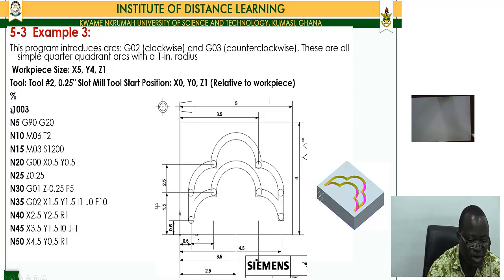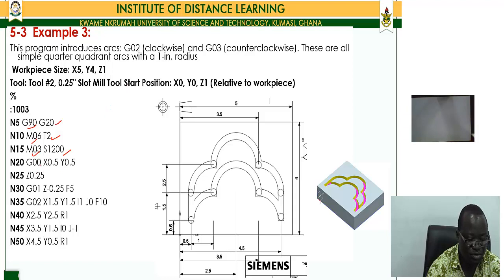So the first command line we give initializes the program, and then we give the program number. This is 1003. Now we show that we are programming in absolute coordinates, inches. We change our tool to number 2, T2.